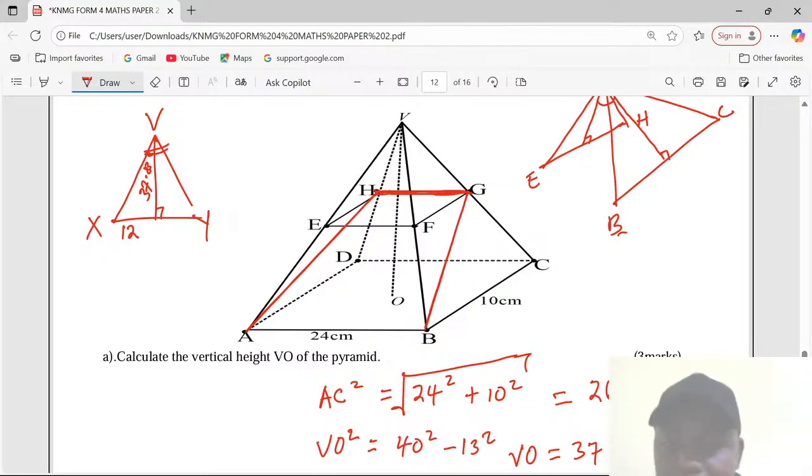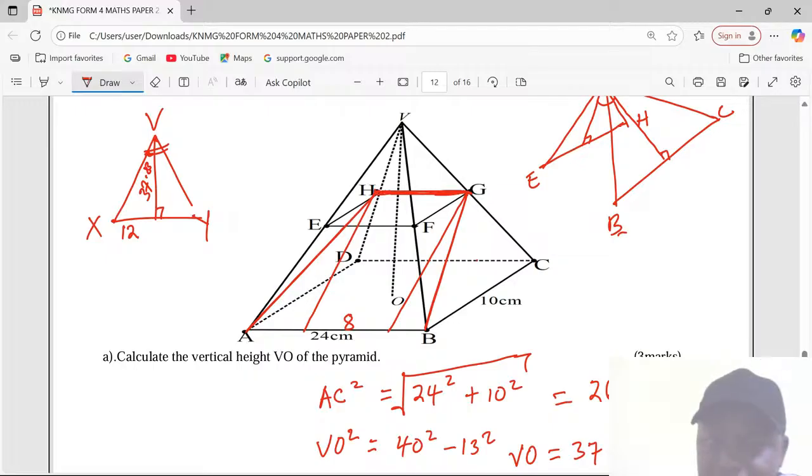So we can draw a few angles. We can say if we pass through this point, the top there is 8.